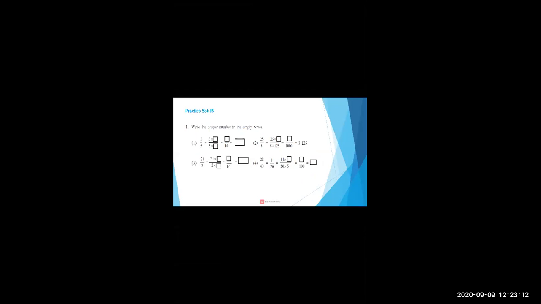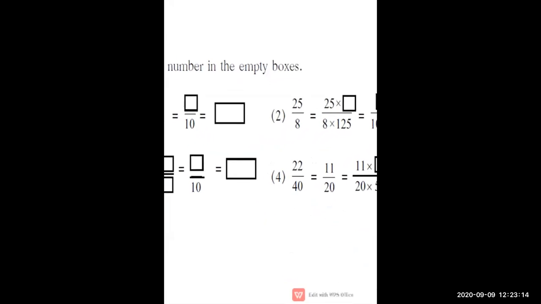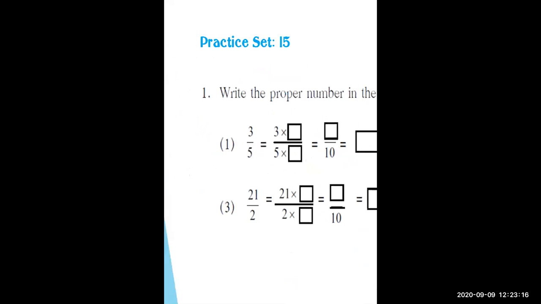Now this is our practice set 15. Be concentrated. This whole question's answers you are going to give me through the chat box. It is a very easy sum. Vedant Pujari, please don't give the answers now. Whenever I ask, at that time you give the answers. Okay, now practice set 15.